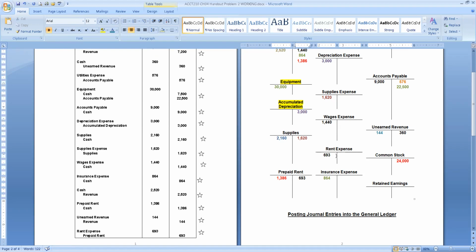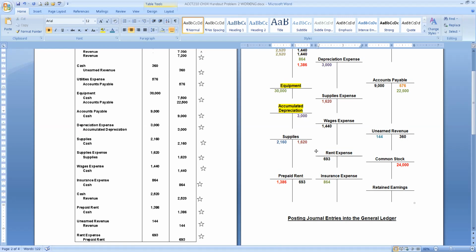Now they've used up some of the rent, whether this is for 1 month or whatever it is. But they used up some of it. So they took it out of this asset. They are no longer paid for 1,386. It's 693 less. We'll figure that out.